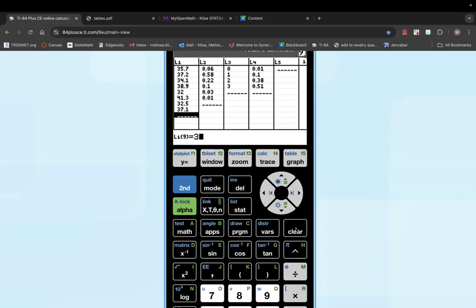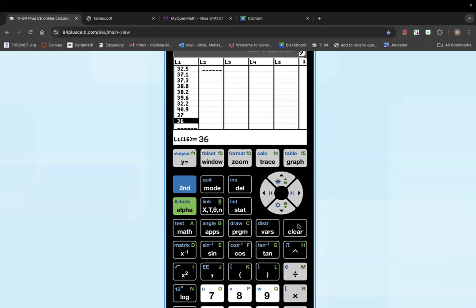Not bad gas mileage. All right. So I have 16 in there.